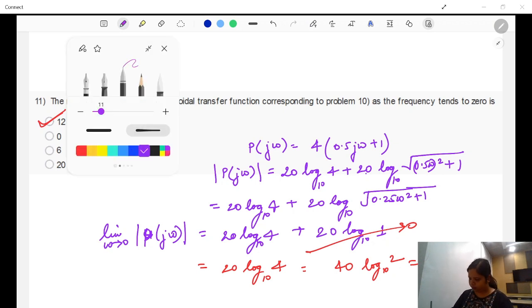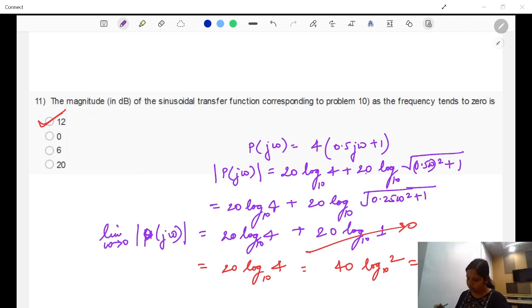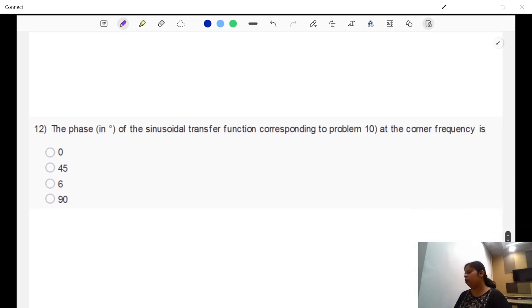Okay. So it was a very similar question that we did earlier. Now, we want to find the phase corresponding to the corner frequency. So you had obtained a corner frequency of 0.5, right? So what we want to do is, let's find out G of j omega.